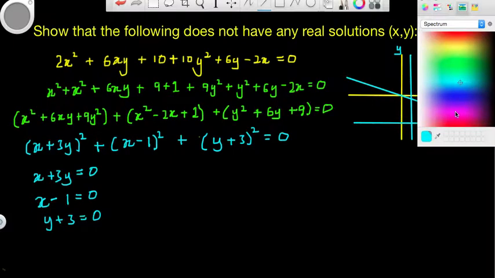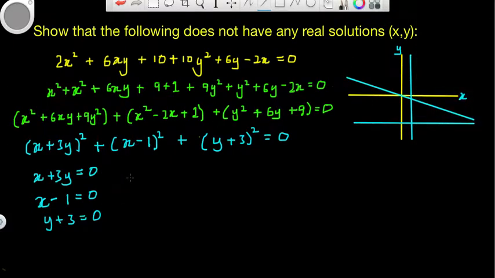So let's change our pen color here, and alright. What we're trying to show here is that this does not have any real solutions, because none of the graphs would ever meet at one point. I'll label them. This is x plus 3y equals 0.